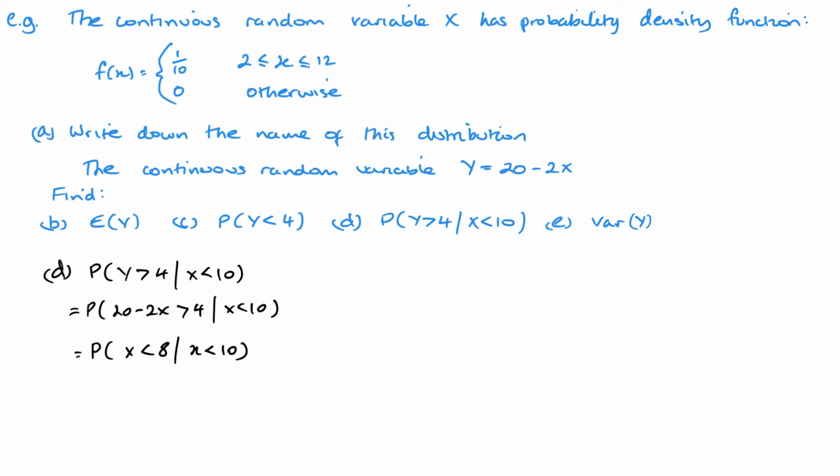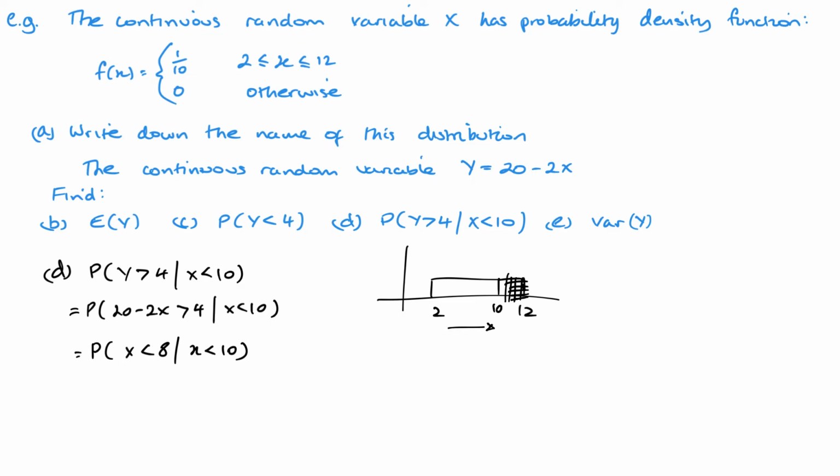Now this is what we want to find out. So I'm going to do it my way, just have a quick look at my rectangle. So I've got 2 to 12. Now we find the probability that x is less than 8, given that x is less than 10. So what that means is, less than 10, this bit now is gone, doesn't exist.